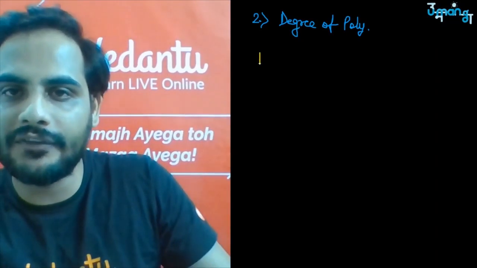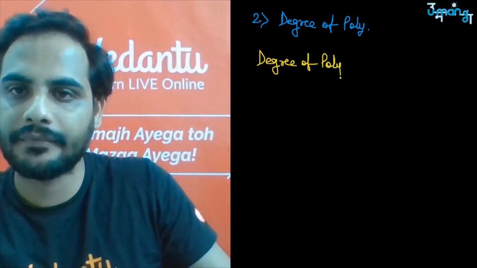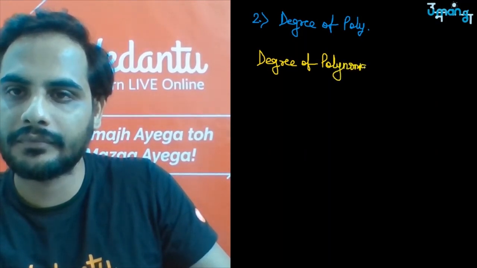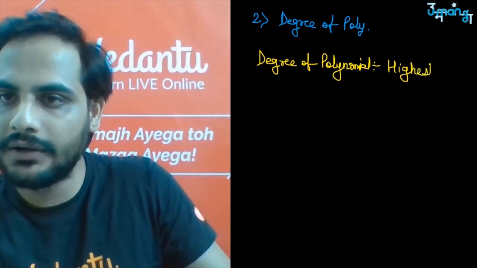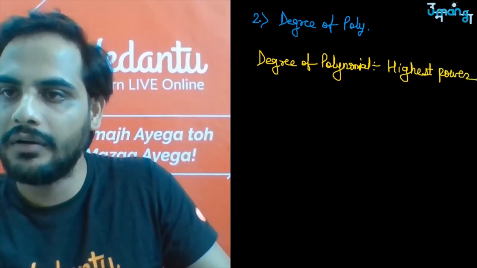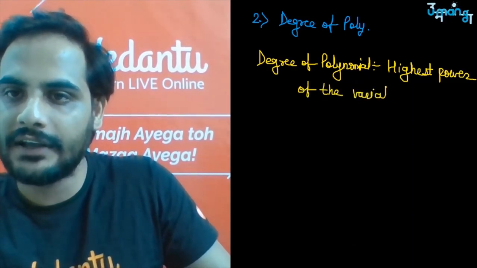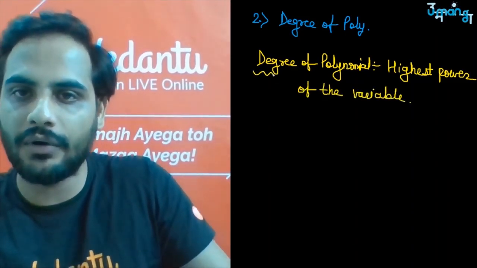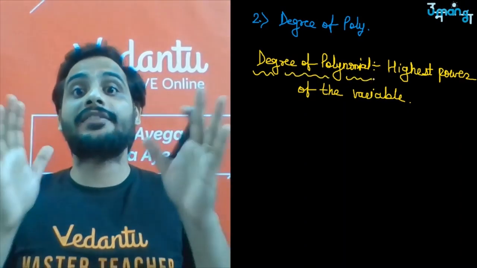The degree of a polynomial is the highest power of the variable. Remember this thing. Degree of the polynomial means the highest power of the variable.